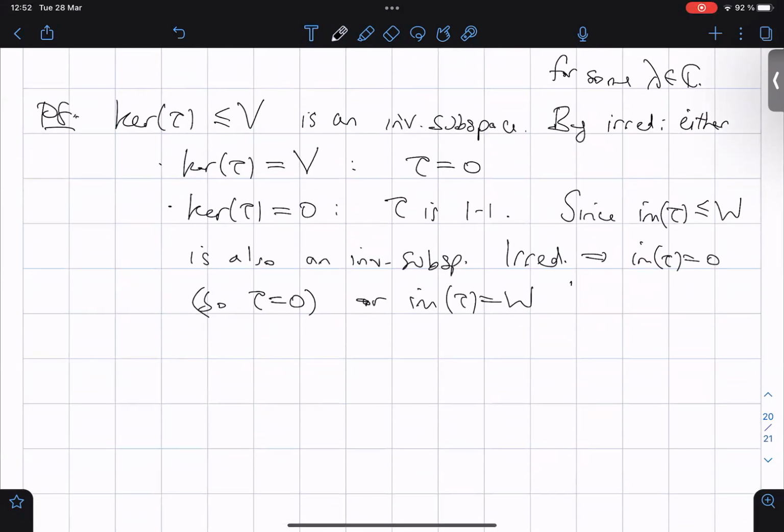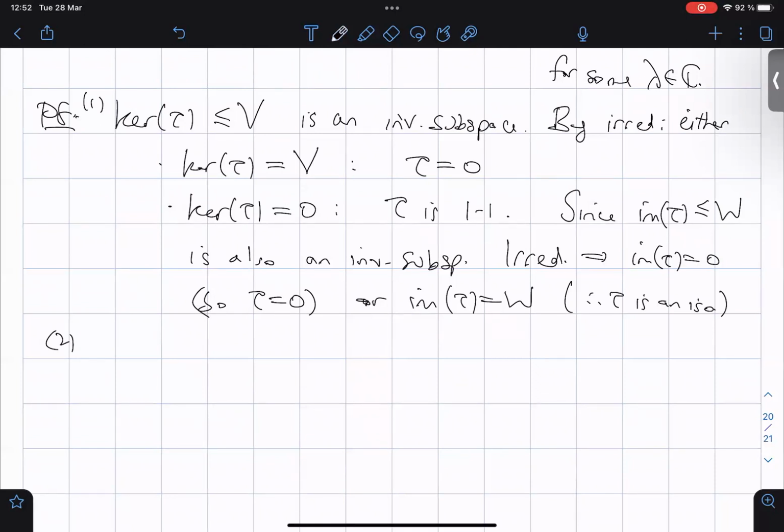In this case, it would be surjective, but we know it's also injective, so therefore you get an isomorphism. And that's it. Okay, so that's the first one. Pretty easy, just looking at invariant subspaces.